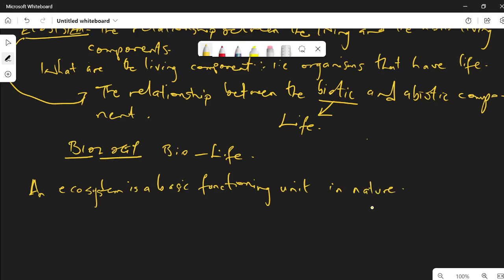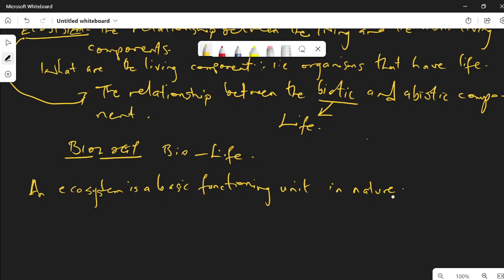The basic functioning unit in nature. So this basic functioning unit is what brings about the living and the non-living components in nature. Is that clear now?